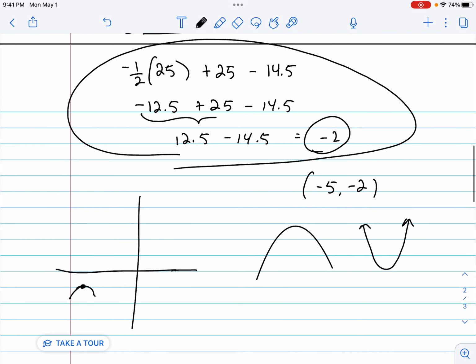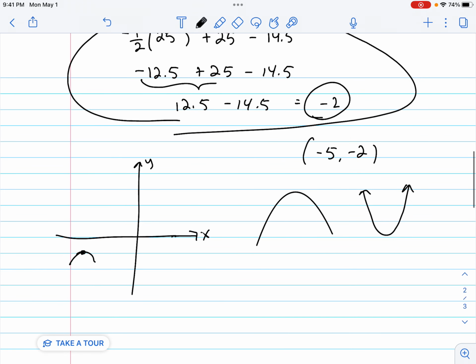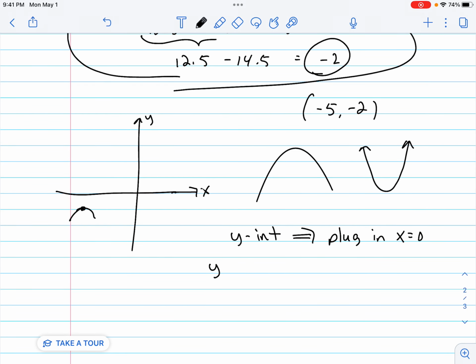Now I want you to find the y-intercept. So this is the y-axis, this is the x-axis. To find the y-intercept, you're going to plug in x equals 0. So remember, our equation was y equals negative 1/2 x squared minus 5x minus 29 over 2.